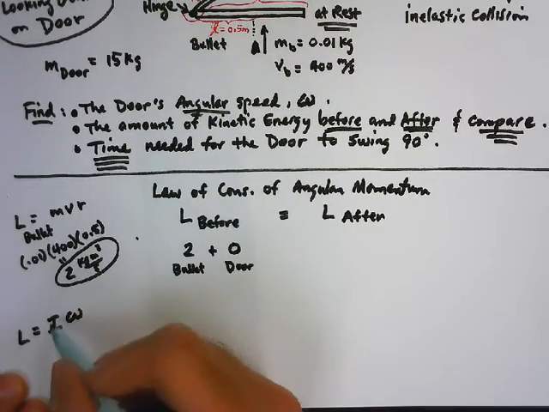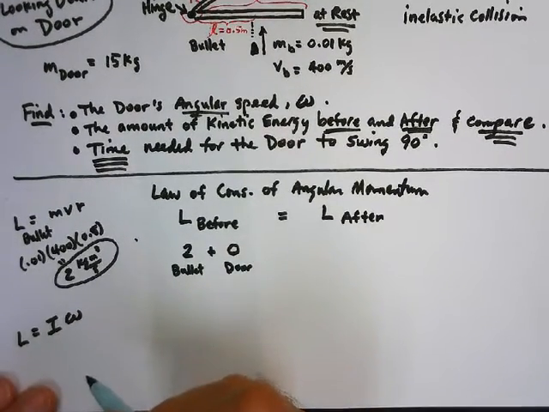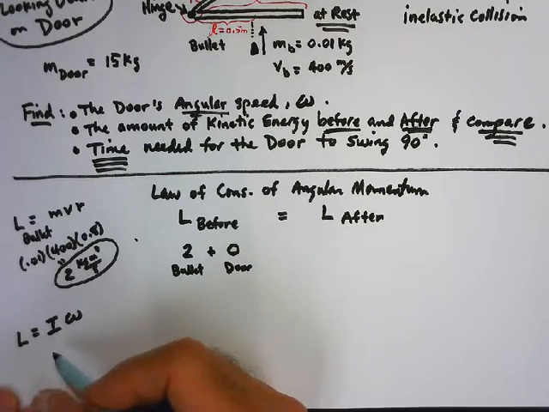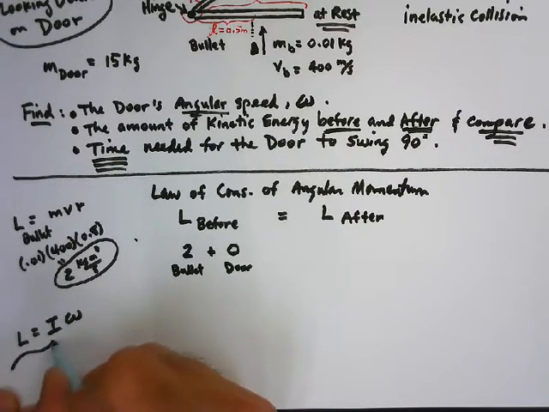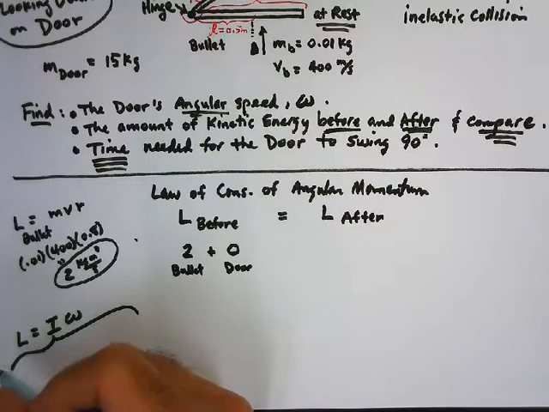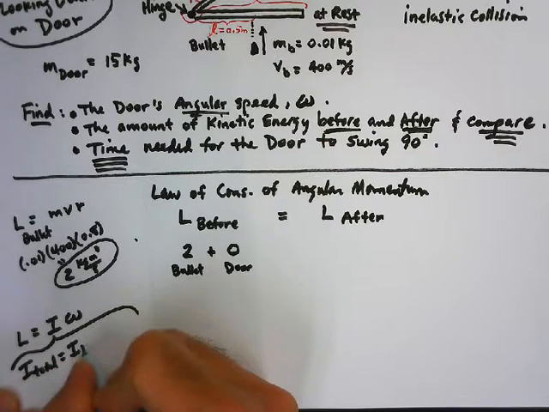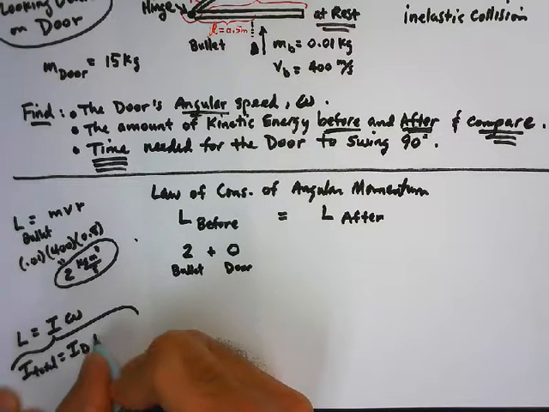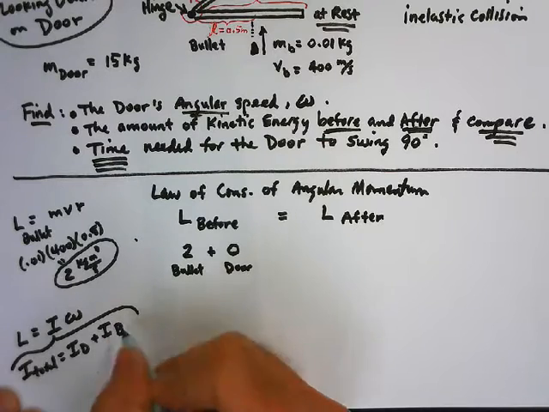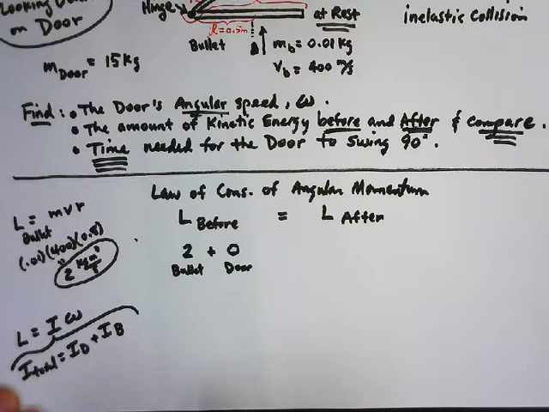So we need to think about what the moment of inertia would be. Let's look at just the moment of inertia here. The total moment of inertia would be the moment of inertia of the door plus the moment of inertia of the bullet stuck in the door.